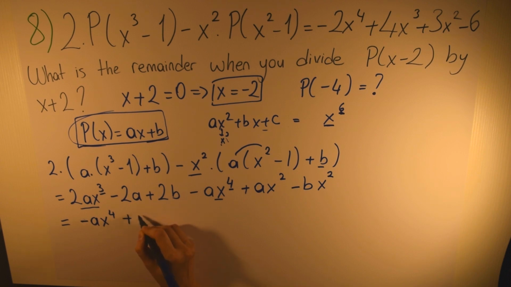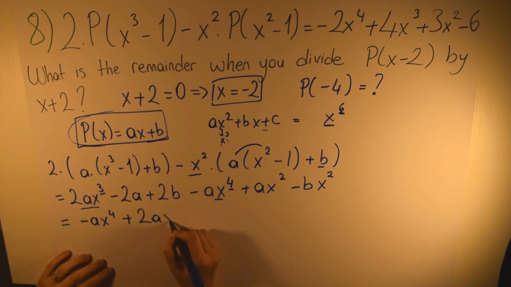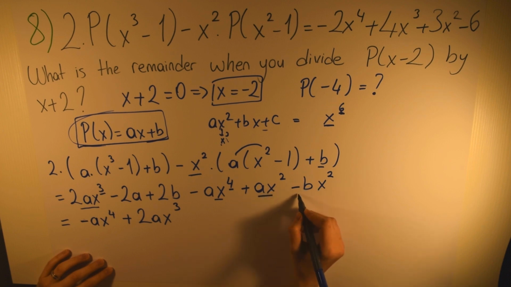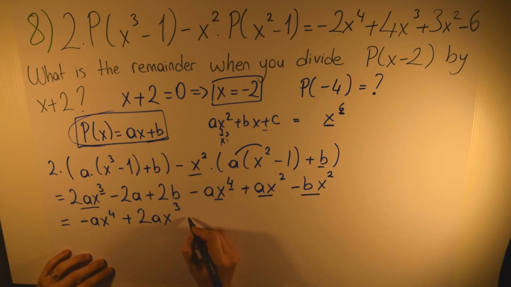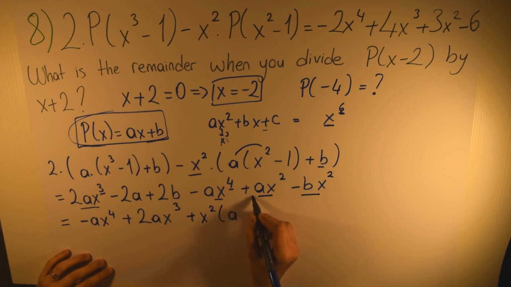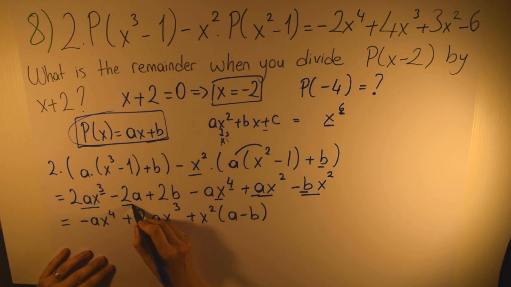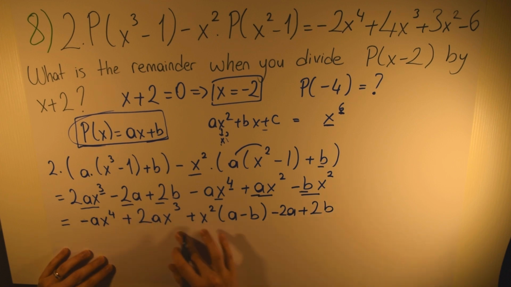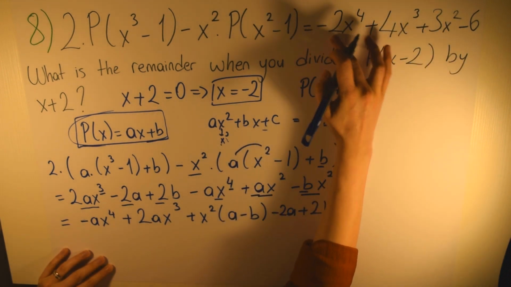Then I have a x squared and minus b x squared, so plus x squared (a minus b), because I have plus a and minus b. And then I have minus 2a and plus 2b. So all this is equal to this expression.